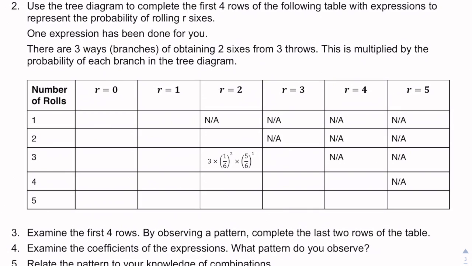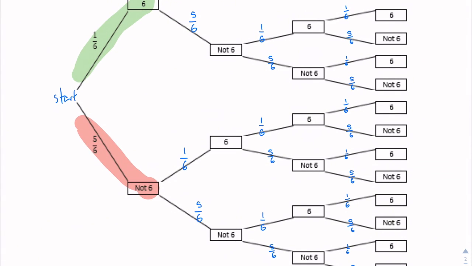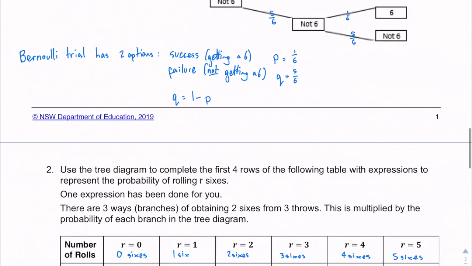Now, this is 0 6s. This is 1 6, 2 6s, 3 6s, 4 6s, and 5 6s. So having one roll and getting 0 6s, the probability of that, there's literally only one option for that.